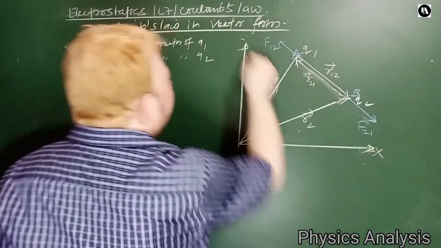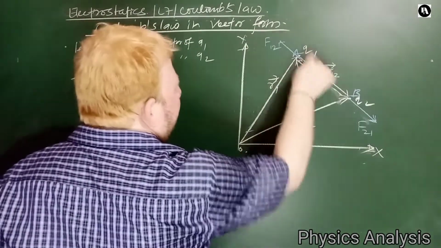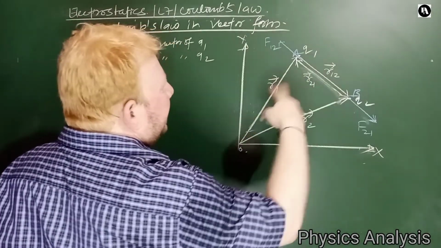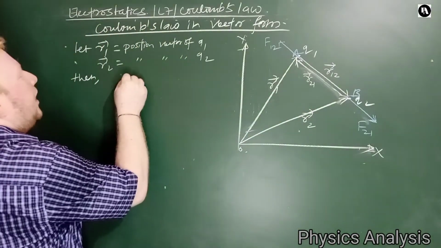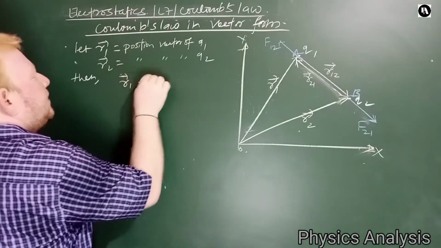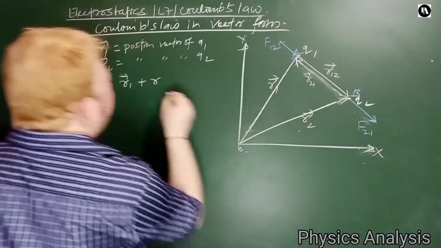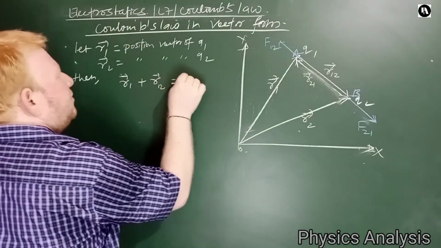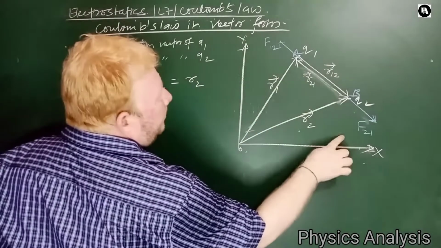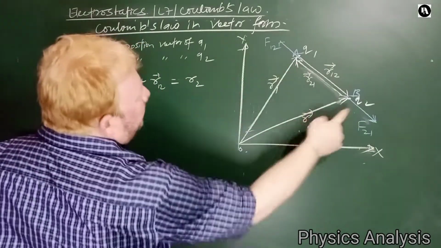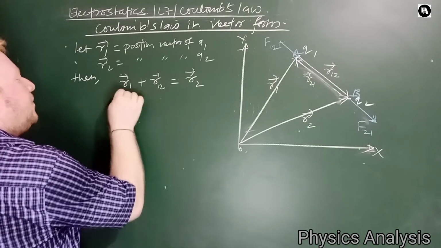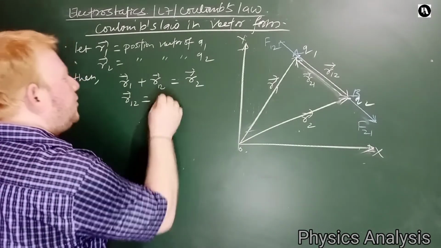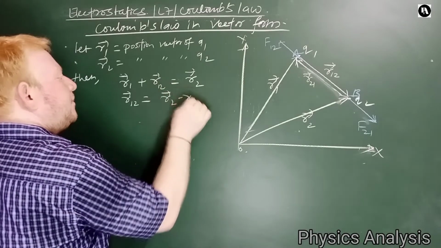Using triangle law, from the triangle, R1 plus R12 is equal to R2, this is how it goes, right? So R12 is equal to R2 minus R1.